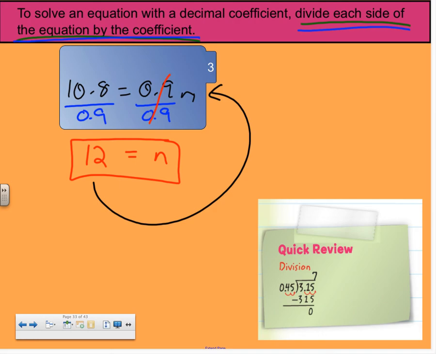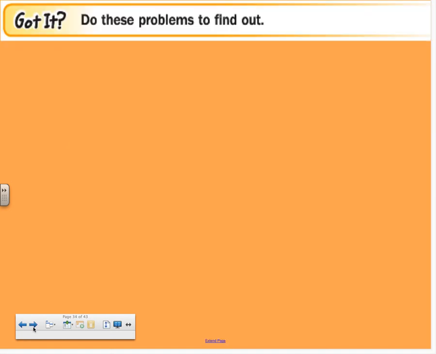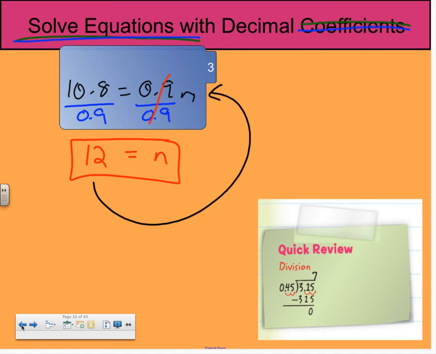And what you are going to do is work on the got it's. I think I would like you to do, actually just do all of those, okay? G, H, and I. Now, quick review.